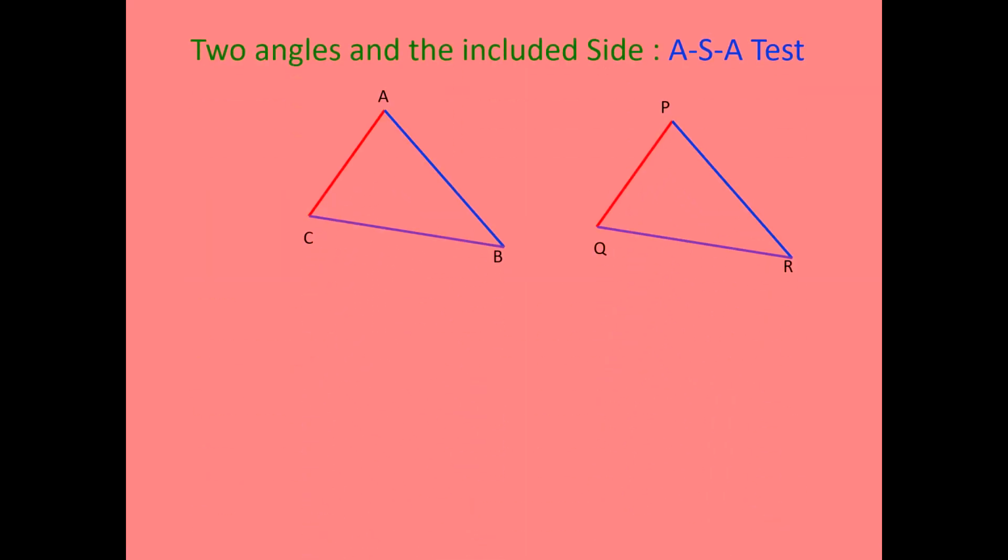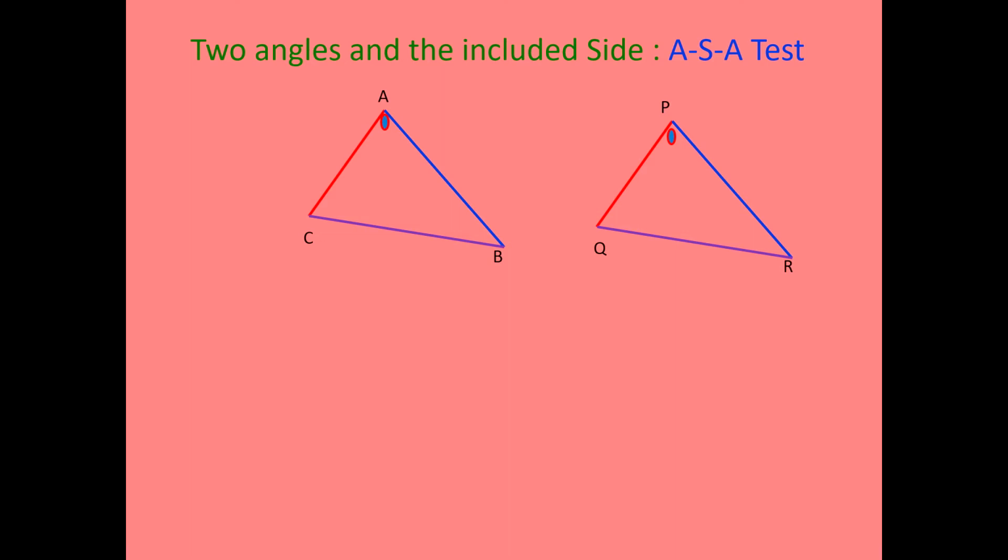Let us go for the next one, which is known as the ASA test. Again we have two triangles. Let us indicate in this to know what kind of information is required for it. So the first one, ASA, indicates the two angles and their included side.